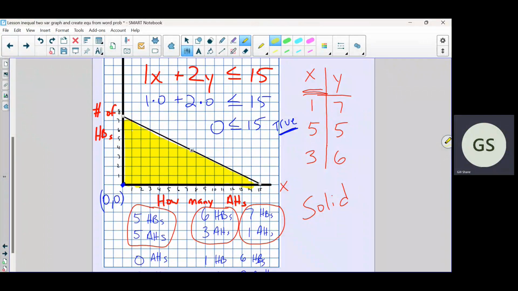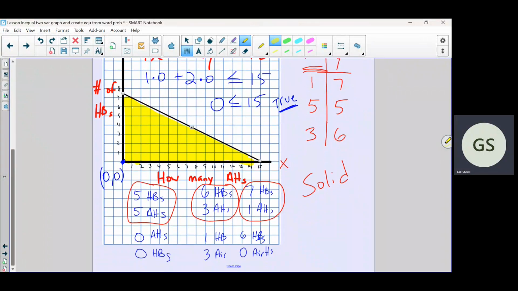Oh, all these values, by the way, we could check. Actually, here's your last part. This is the easiest question with this. I'm going to give you a graph. I'm going to do it all for you. I'm going to graph the line. I'm going to graph the shading. I'm going to do it all for you. And then I'm going to give you a bunch of values just like these.